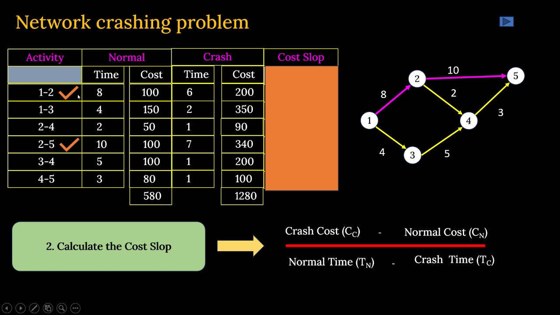In the first instance, 1 to 2 activity, crash cost was 200 rupees. One thing you have to notice always, that crash cost is always more than the normal cost. That is very much visible because, suppose one activity is getting completed by 2 days.